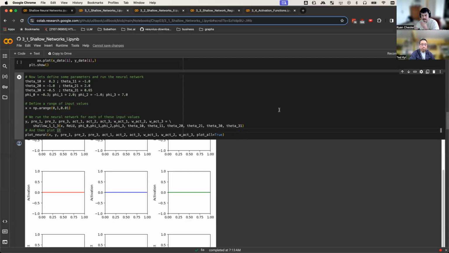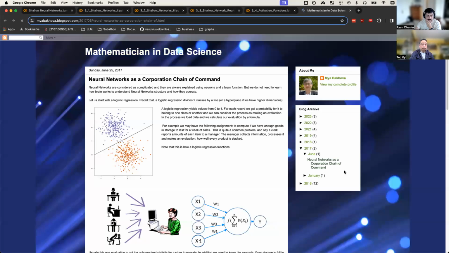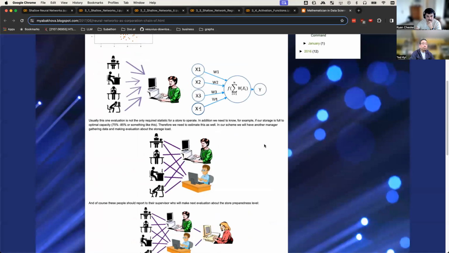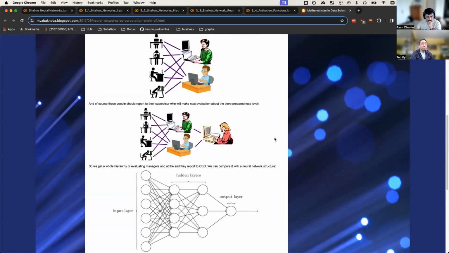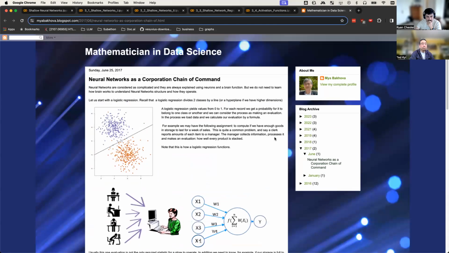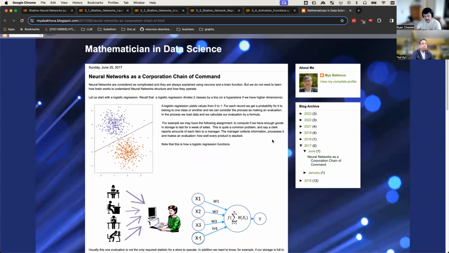I have a very simple visualization of a neural network as a corporation chain of command. If you need to explain it to laymen, I hope it is not very mathematical. I did use equations though. But basically it shows that you can view a neural network as an actual structure in a corporation, and I hope it explains why they're so complicated.